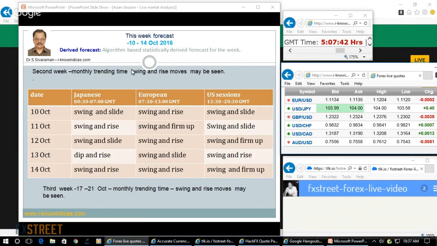So keep in mind that till Wednesday they are expected to make the swing and slide, and make gaining of 100 pips and drop again, gaining of 100 pips, drop again. That sort of moves they are going to do, so that they will accumulate more of the buy position, giving the feel to the trader that once it gains, you have to sell so that you will be able to book the profit nicely.